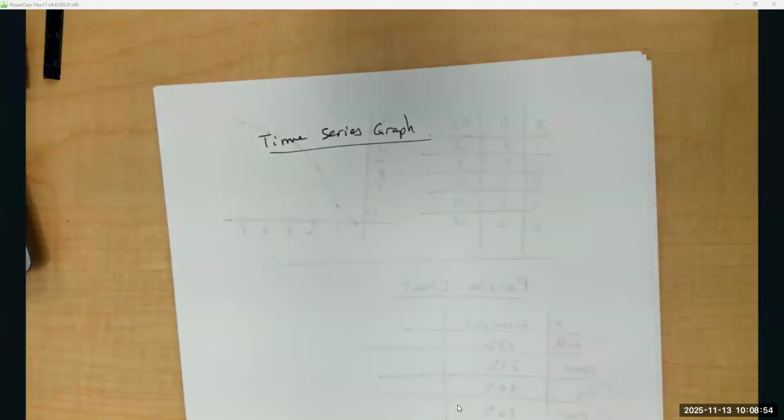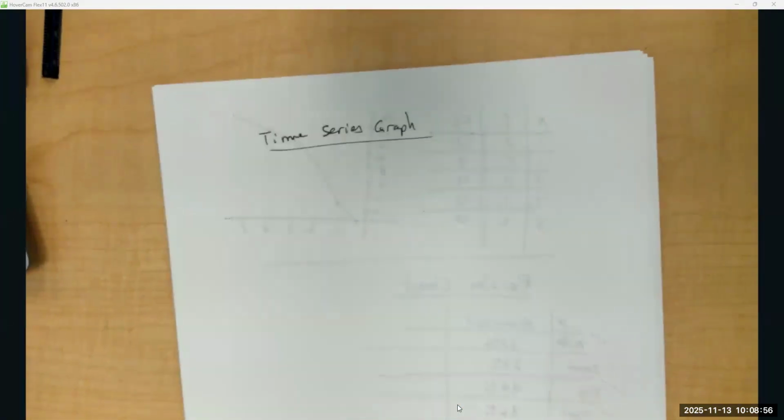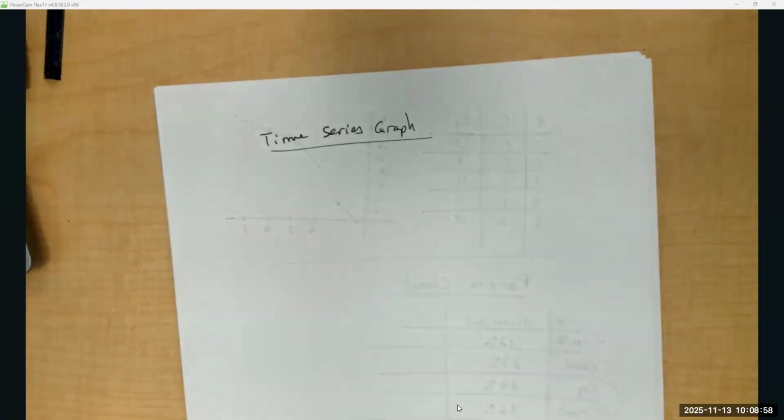What's a time series graph? What do you think, just by the name of it, a time series graph is? And don't go looking for it.